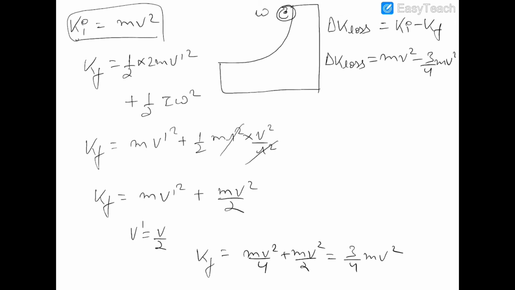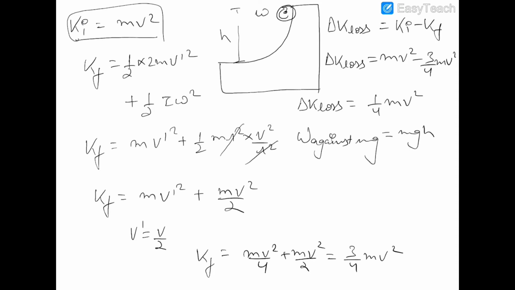So this loss of kinetic energy is equal to 1 by 4 mv square, and this loss of kinetic energy is the work done against mg. So the work done against mg is equal to mgh.